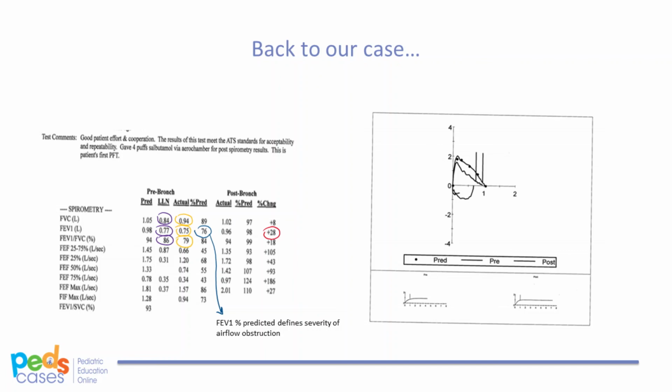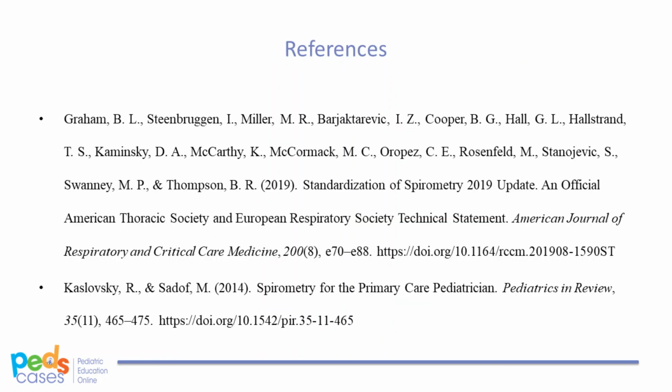Number 3, the key maneuver in spirometry is the forced vital capacity maneuver. That's the one where the patient takes a big breath in all the way to total lung capacity and then blows out as hard and fast as they can. And number 4, when looking at spirometry, take a look first at the demographics, then the technical comments, then the FEV1 over FVC ratio, then the FVC, and then see if there's a significant bronchodilator response or not.